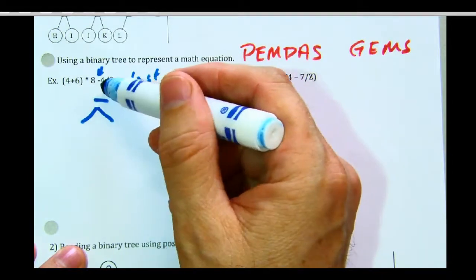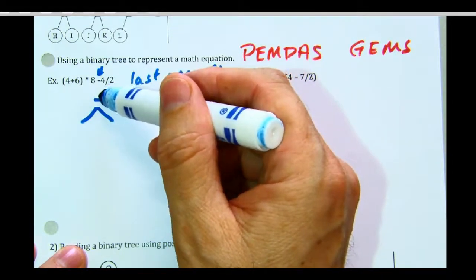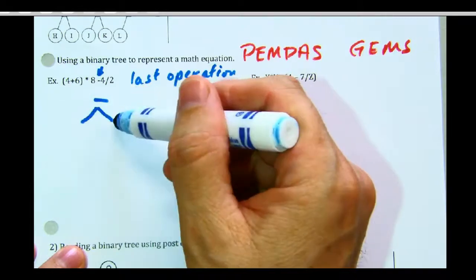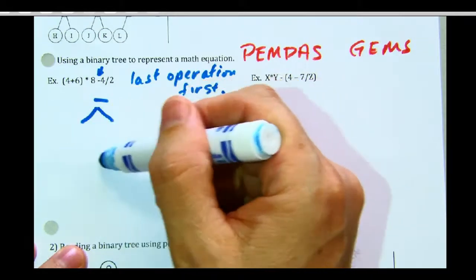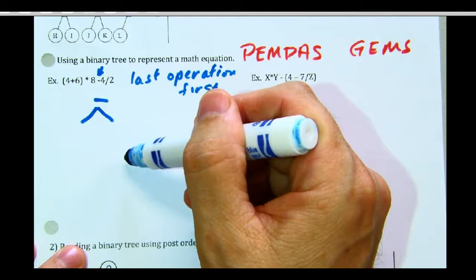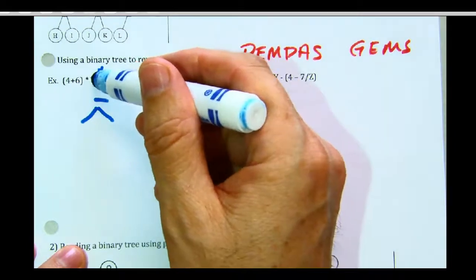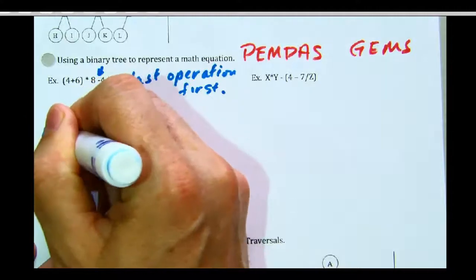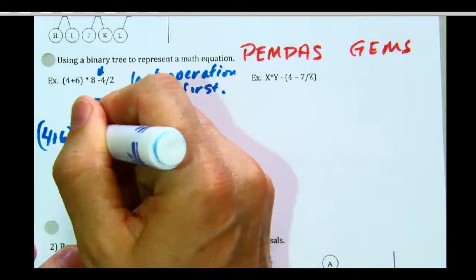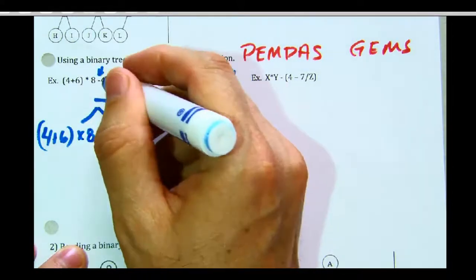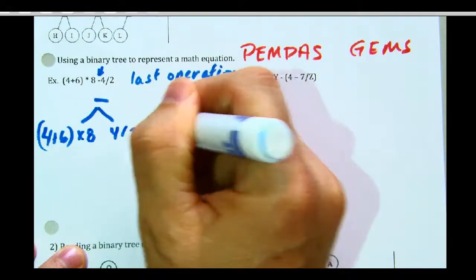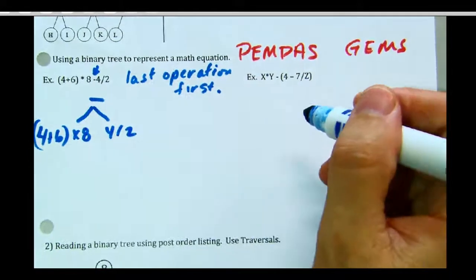What happens then is that any operation that we do have will be part of these different branches. Then at the very end, the end leaves will be strictly numbers. That's what this is going to look like. But right now I want to separate it over this thing. So I got 4 plus 6, and then I got times 8, and then I got 4 divided by 2. Those are the different pieces that I do have.